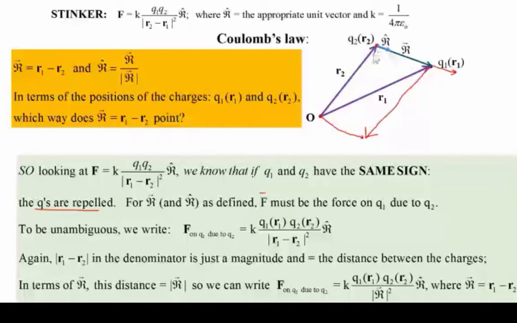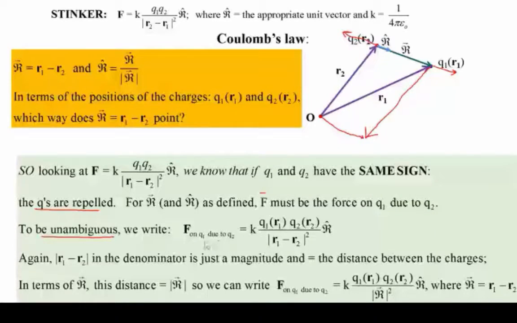If you tried to reverse it and say, what is the force due to this charge on this one? Repulsion would say that it should be this way. But our equation says that we should be in the same direction as r hat. So therefore, we must be talking about the force on q1 due to q2. If we want to be unambiguous, we have to say what charge the force is acting on and what it is due to.